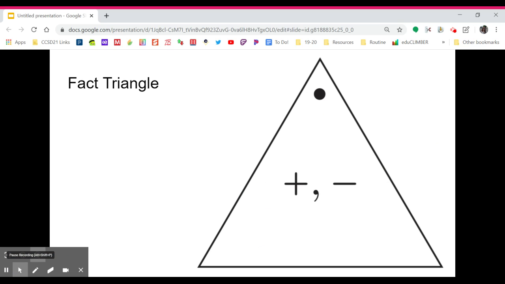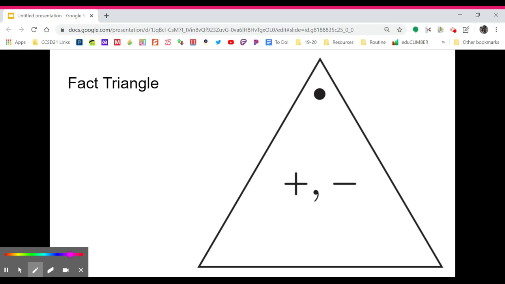So let's talk about a fact triangle for a minute. This fact triangle is a tool that we'll use a lot in the rest of first grade, as well as second grade, third grade, fourth grade, and beyond. A fact triangle will have 3 numbers represented on it. Additionally, you'll see several symbols on the fact triangle.